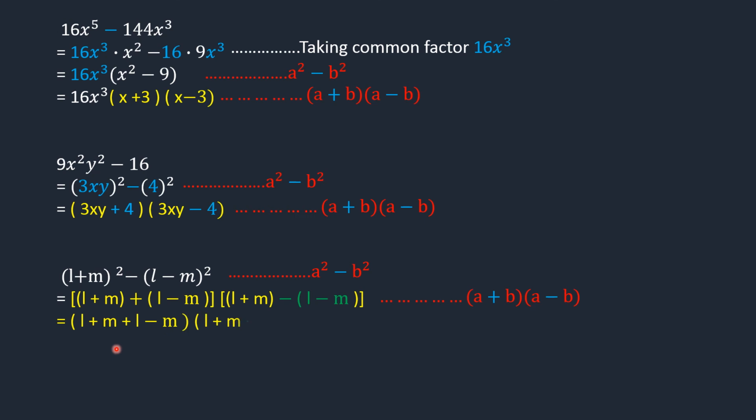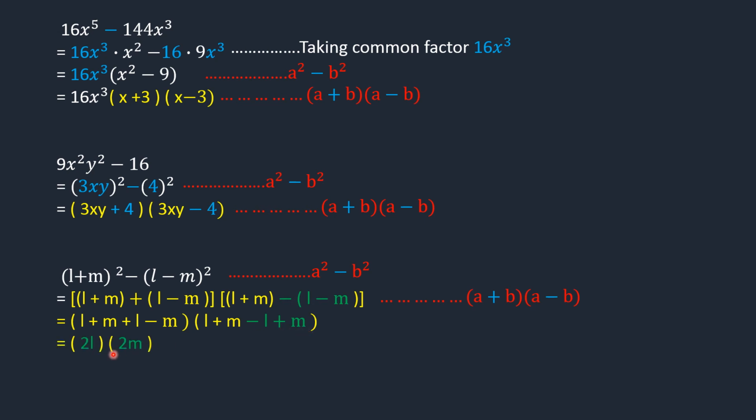In the next step, we will open the bracket and write l plus m plus l minus m multiplied by l plus m minus l, minus into minus, it will be plus m.